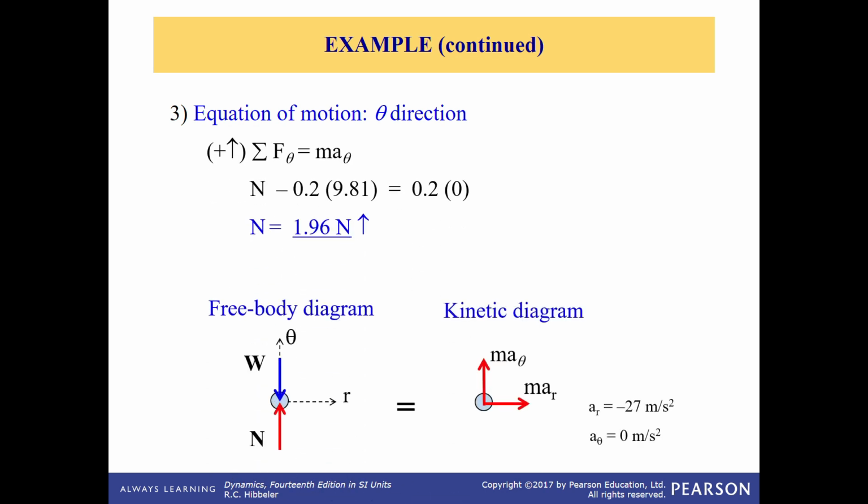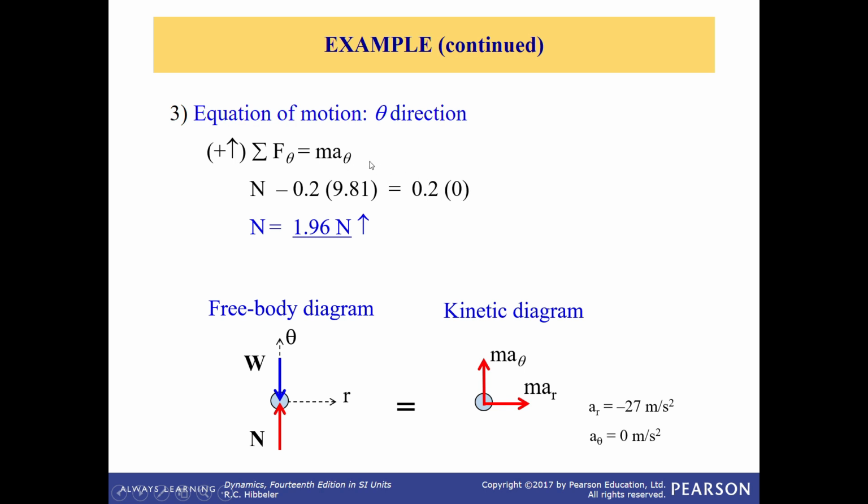Now you need to apply the values in the equation of motion. For example, in this case, theta direction, summation of F theta equal to m a theta. So referring back to this free body diagram, I will have N minus W equal to m a theta. So N here minus 0.2 times 9.81 equal to 0.2 times 0.